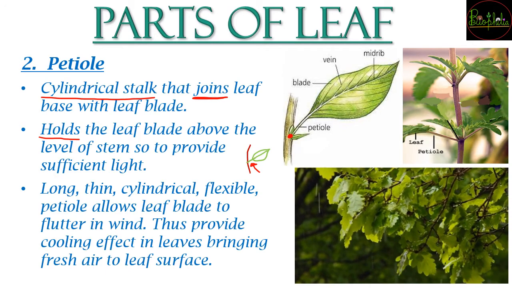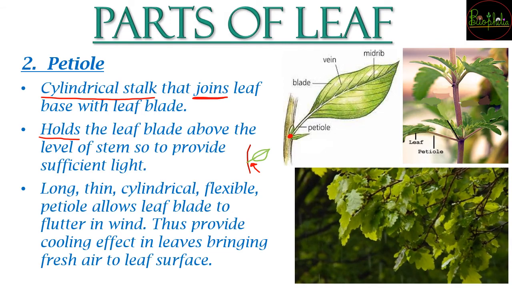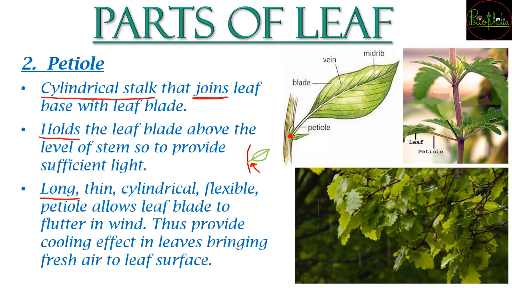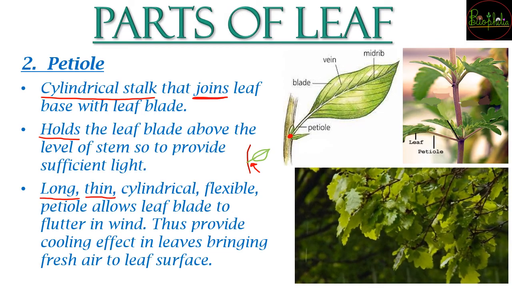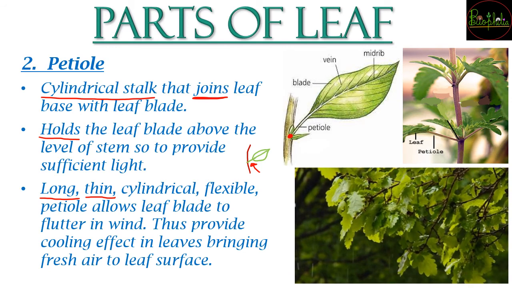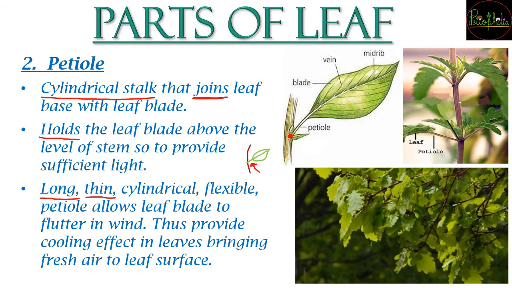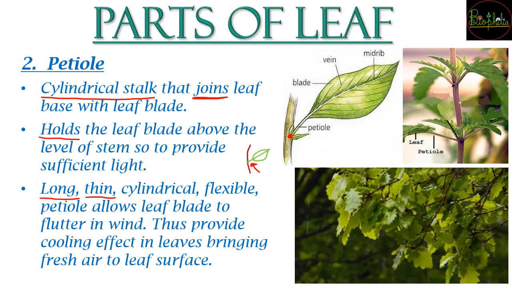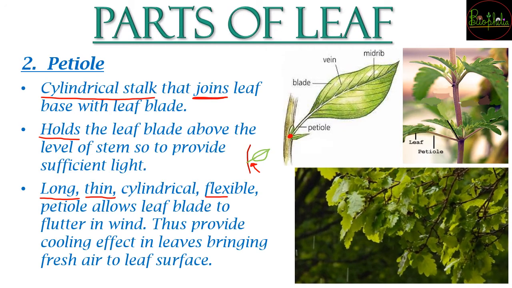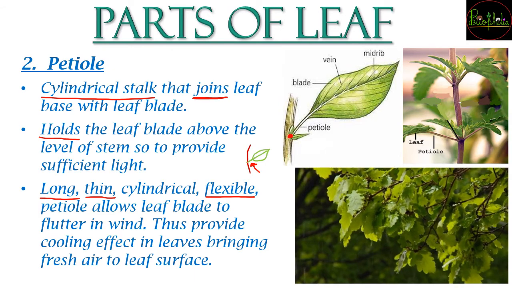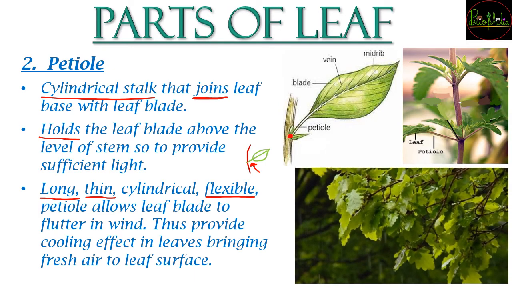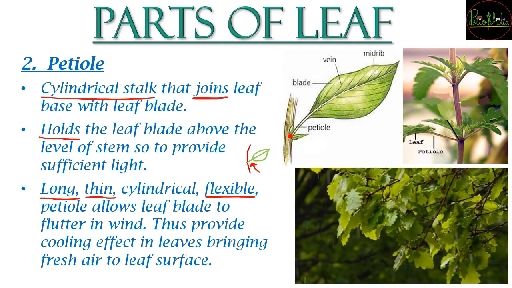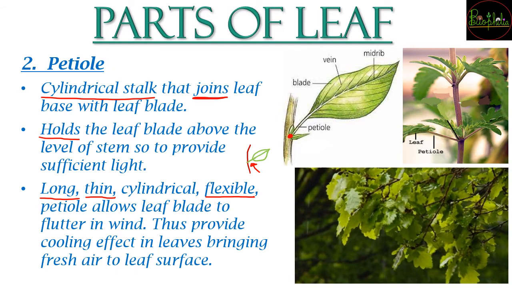Petiole is going to be the stalk of the leaf. It is going to be long, thin and flexible, so that whenever the wind is blowing, when a very strong storm comes, the leaves generally do not fall off so quickly. You just blow and the leaf is not going to fall off. Why? Because the petiole is going to be flexible. So when the wind comes, the way leaves flutter, that makes you feel happy and gives you a cooling effect below the tree.